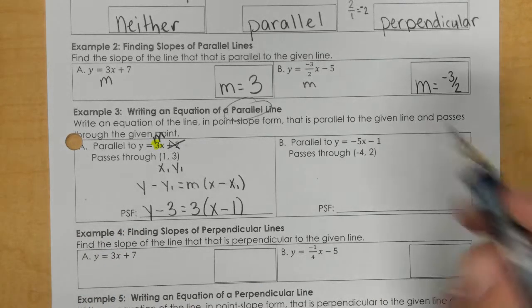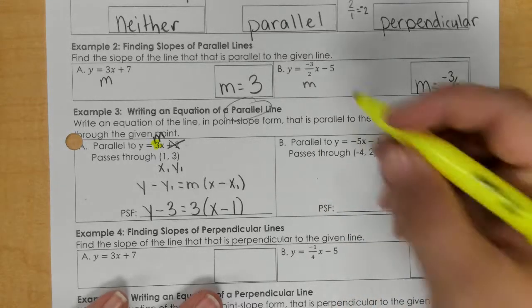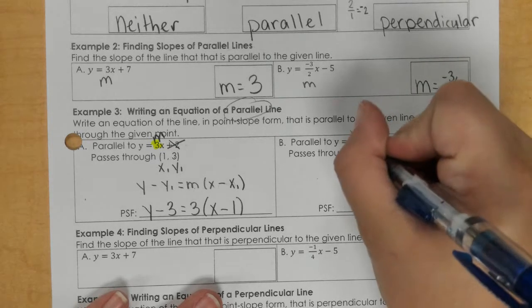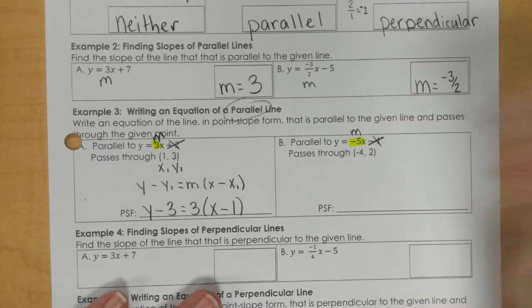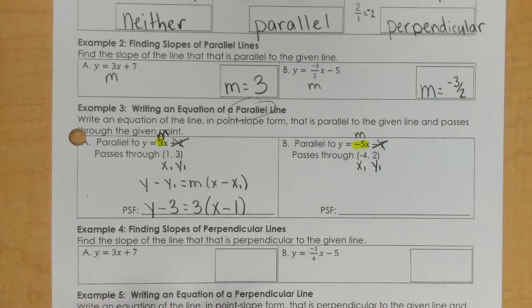Okay, part B. We look to see what is our slope. Our slope is -5. That's M. That's extra information. And our point is x1, y1. Remember, that is called the known point. I know what the point is. It's the known point.